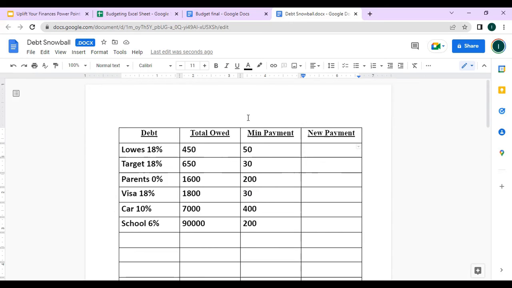So he's going to add those $50, so 50 plus the $200 he has to spare every month, which equals 250. The 250 is what he's going to use to pay off that 450. So he's going to pay that off in 2 months, and then this is going to be gone.